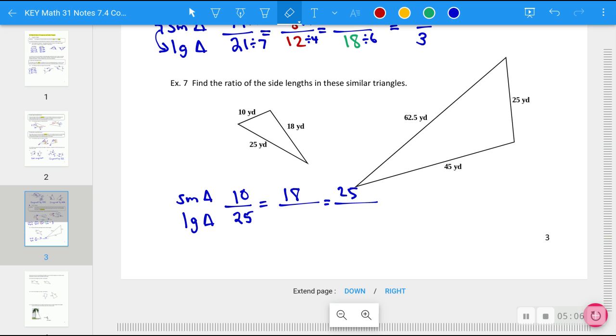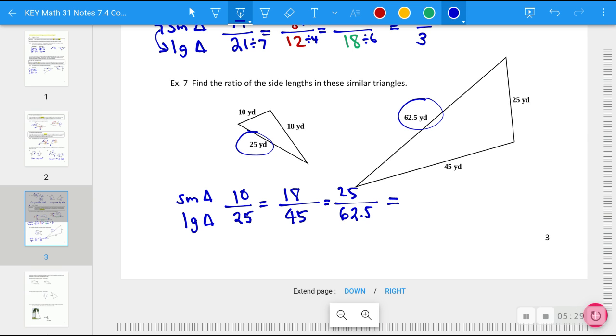And the 18 is the medium length side. So I got to find the medium length side, and that's this 45 here. And then finally, we get the longest sides, 25 over here, and that would go with this 62.5 over there.